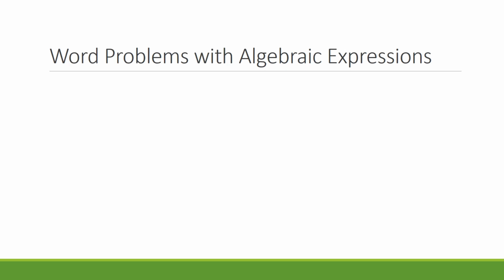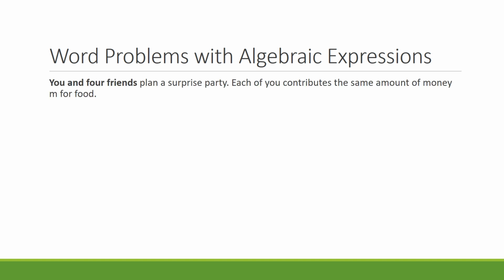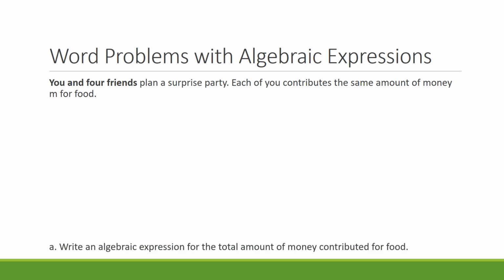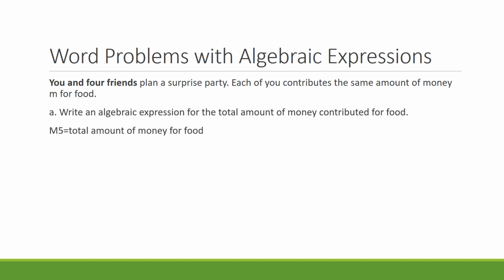Are you ready to work on some word problems with algebraic expressions? Let's try it out. You and 4 friends plan a surprise party. Each of you contributes the same amount of money, m, for food. First, let's write an algebraic expression for the total amount of money contributed for food. One thing to note here is that it's not just 4 friends, it's you and 4 friends.